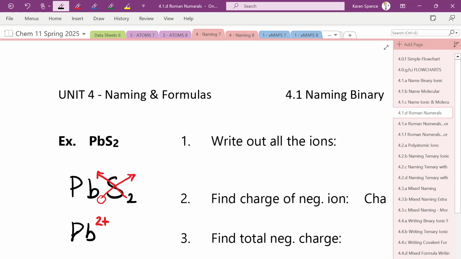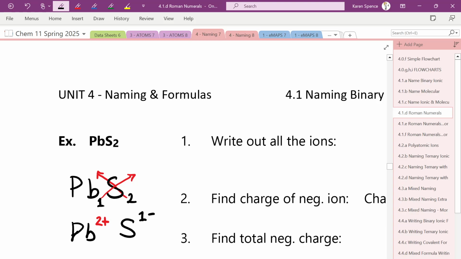So what charge should I put on the S if there's no number here? What does no number mean? How many is no number? 1, okay? So that's a 1. Looks like a 0. I'm going to get rid of that. I'll write a 1. Okay, that's a 1. So that would be 1, and it would be negative because it's the second element.